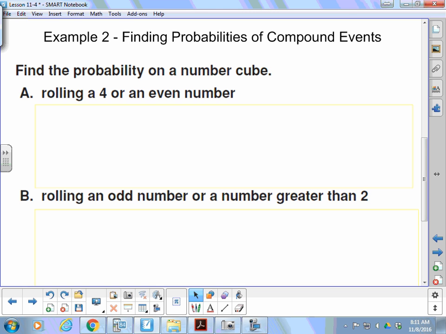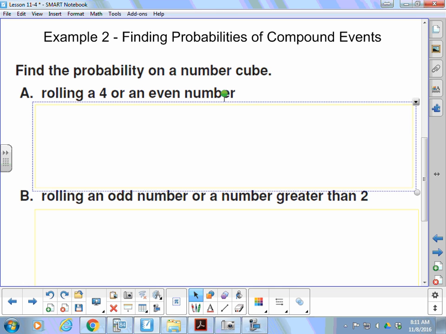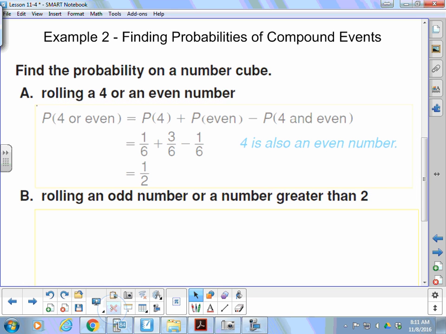Rolling a 4 or an even number, well, there's 1 four, and then how many even numbers? We have 3 of them, okay? And the 4 is included in that, so we just have 3 out of 6, or 1/2. If we look at it using the formula, the probability of a 4 is 1/6, plus the probability of an even number is 3/6, minus the probability of a number being 4 and even, which is 1/6. So we still end up with 3/6, or 1/2, in that situation.